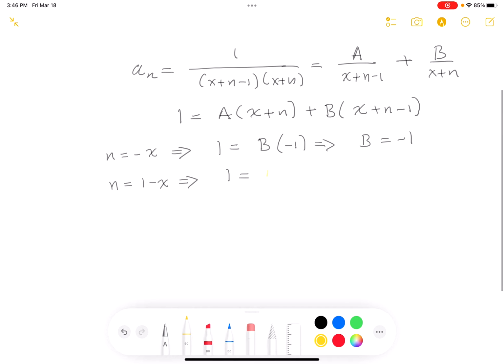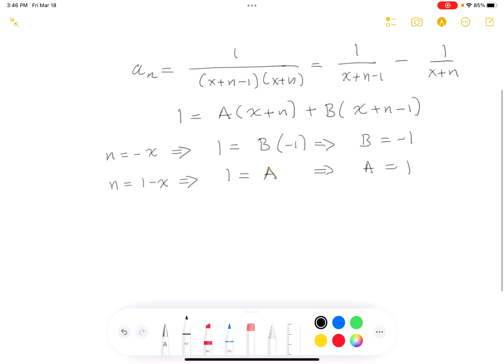That would just be a. And the b term would disappear, because if n is 1 minus x, the x disappears and the 1 disappears. So a is equal to 1. Let me get my eraser out. I'm going to write that down now. 1 minus 1.